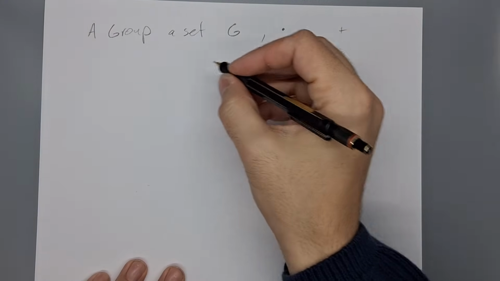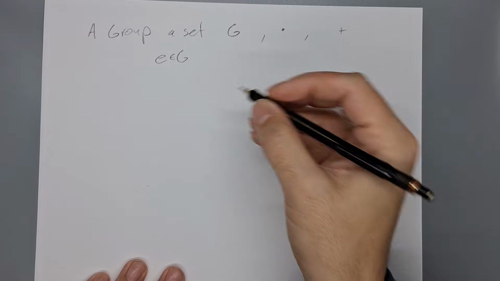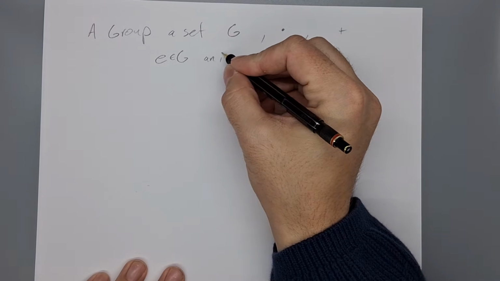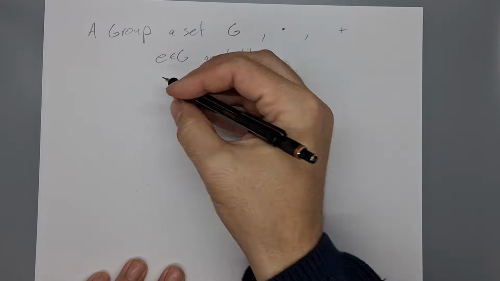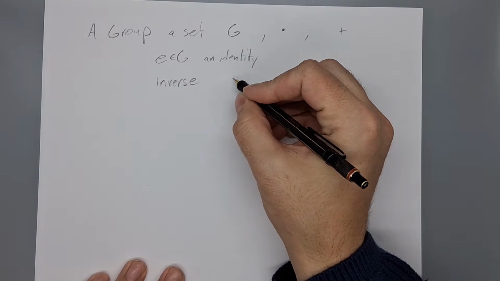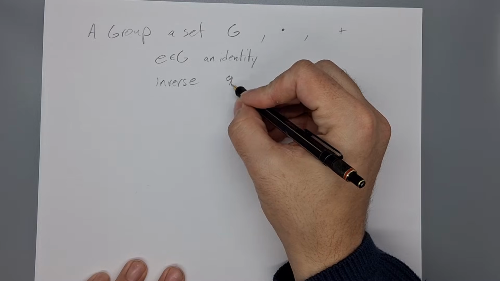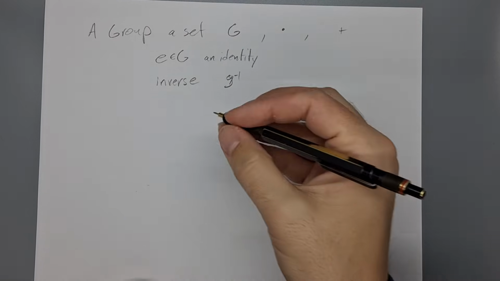It needs to have an identity, so typically you'll see E used, and it needs to have an inverse. So you might see G inverse used. And these things need to satisfy what you think of when you think of a product of things.